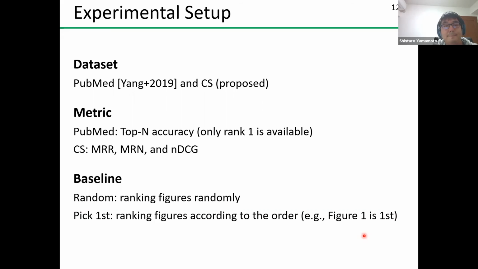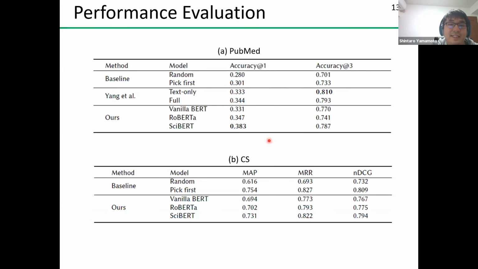Here is a summary of performance. Amongst the base models, the SciBERT model, which is pre-trained on scientific publications, is the best. And the SciBERT model also outperforms the previous method and baseline model in rank 1 accuracy.